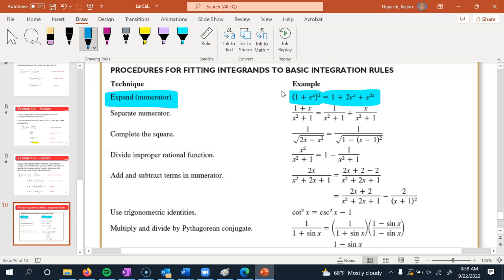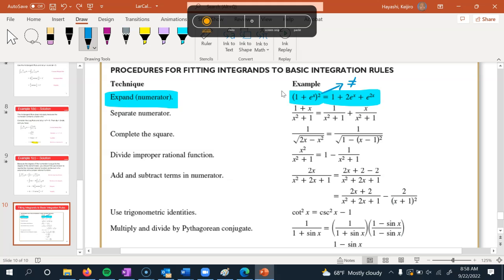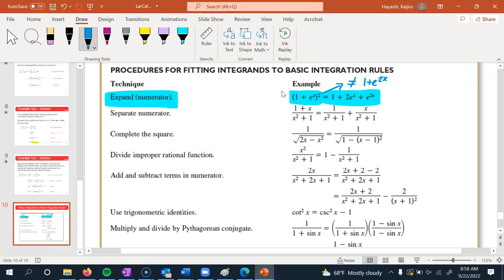Also just wanted to mention that this is not going to be 1 plus e to the 2x. You don't just take a binomial and slap the squared on each of the two terms, and then that's what it is. There's going to be an entire middle term that you're going to miss if you just try to distribute that exponent to the two terms.